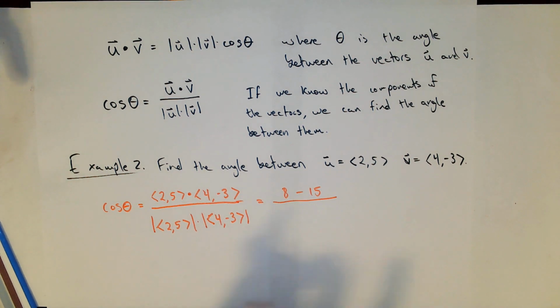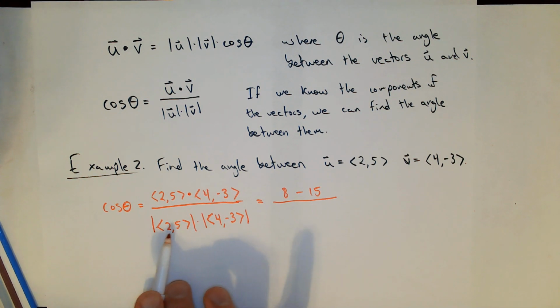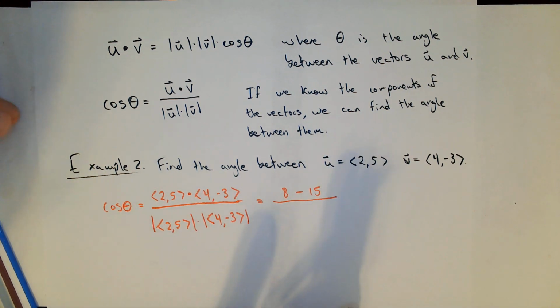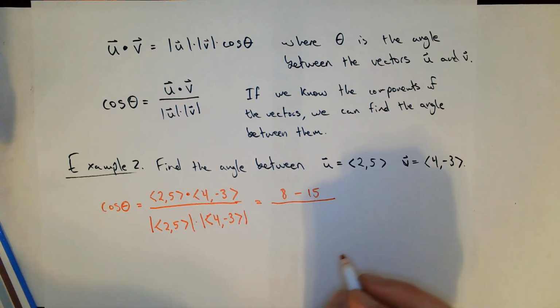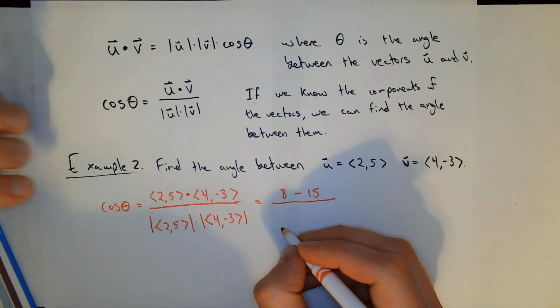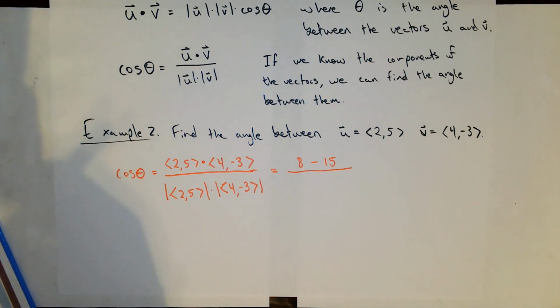What about in the bottom? Remember how magnitude works. These are like the sides of a right triangle, right? And you want to find the hypotenuse. So thinking Pythagorean theorem, let me just write the formula down over here. How about down here?